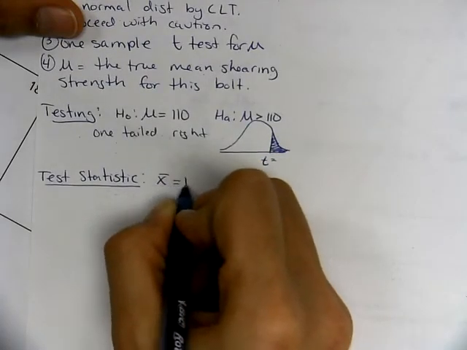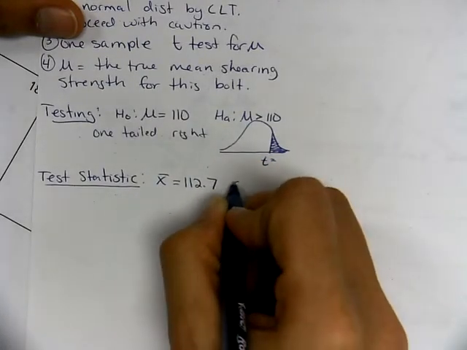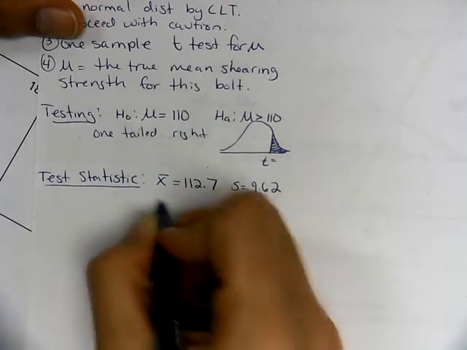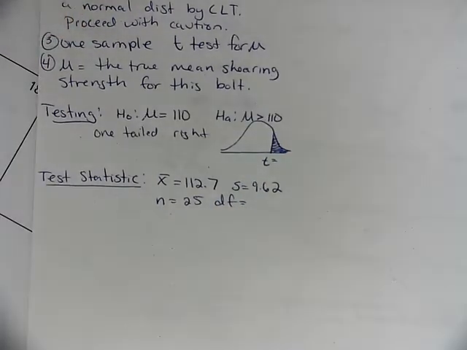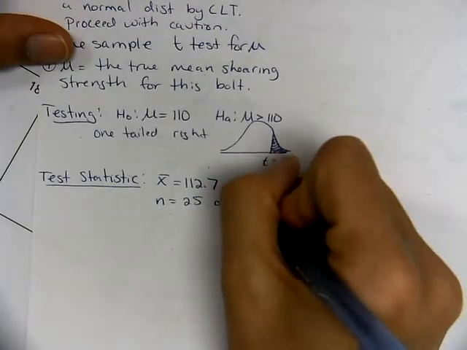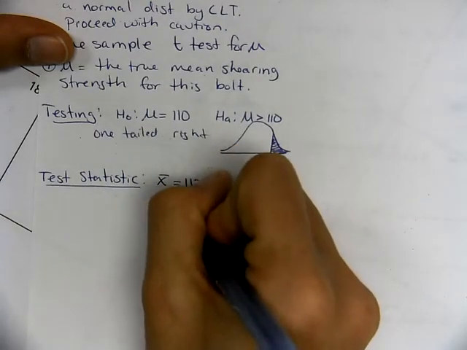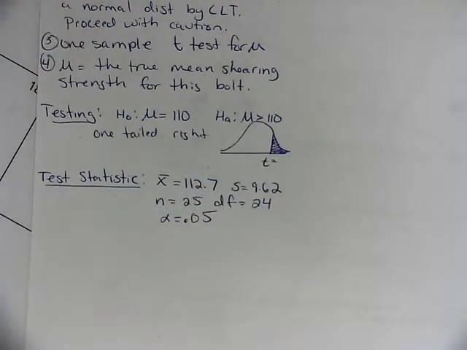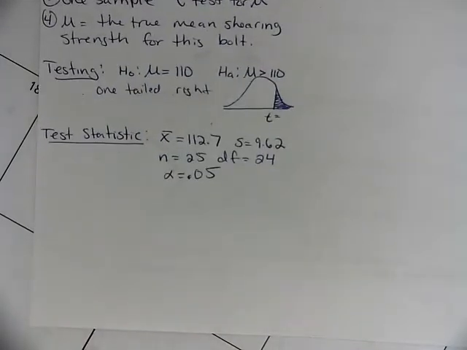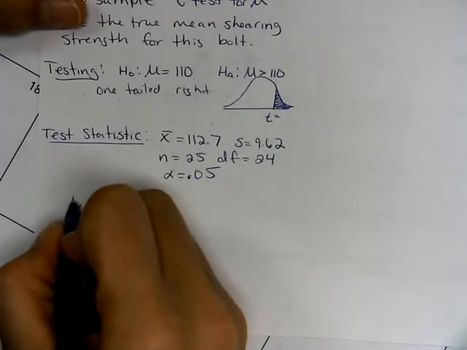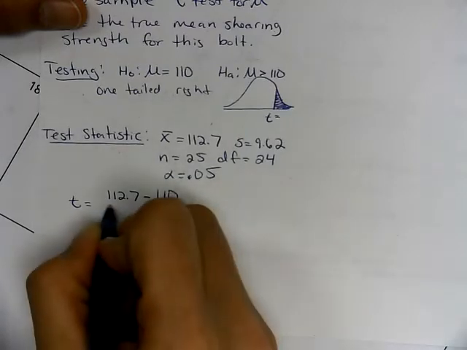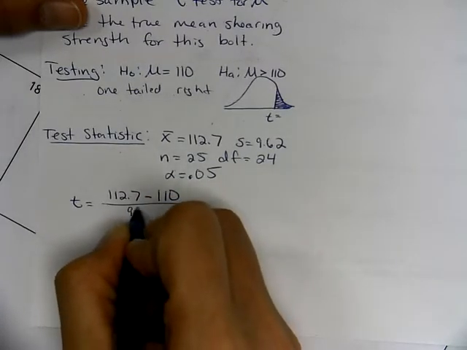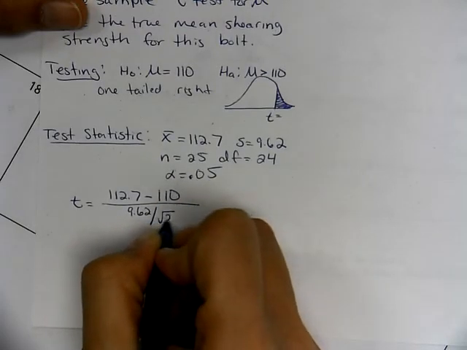So we have X bar was 112.7, S is 9.62, N is 25, which means our degrees of freedom is what? 24. Alpha is 0.05. So, t is always your number, so 112.7 minus your hypothesized value, 110, over 9.62 divided by the square root of 25.